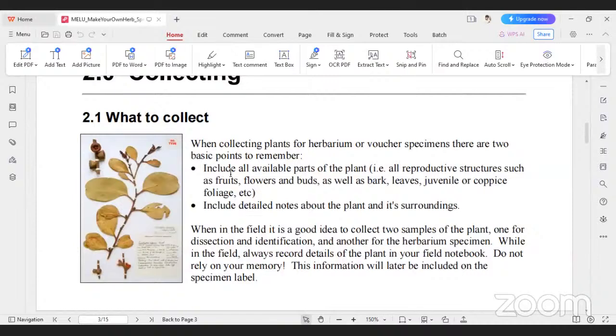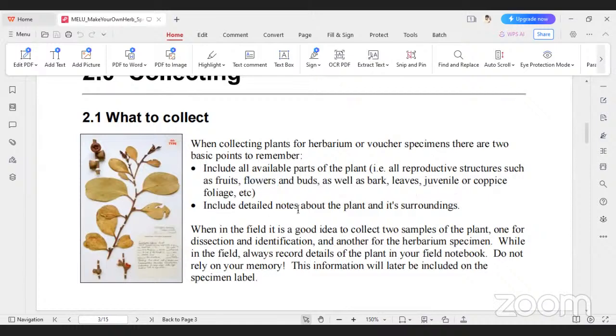First, include all available parts of the plant, that is the reproductive structures such as fruit, flowers, buds, as well as bark, leaves, juvenile foliage, etc. Anything you can collect. So mostly we collect with the flower, the reproductive part mainly, twigs, flowers, branches.